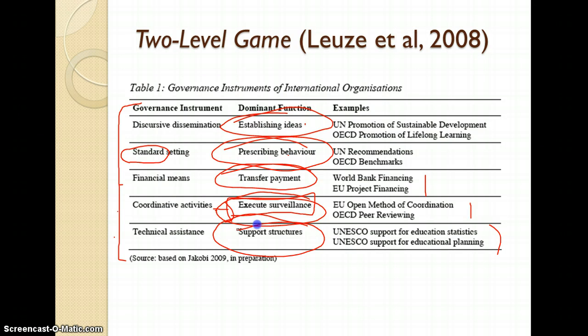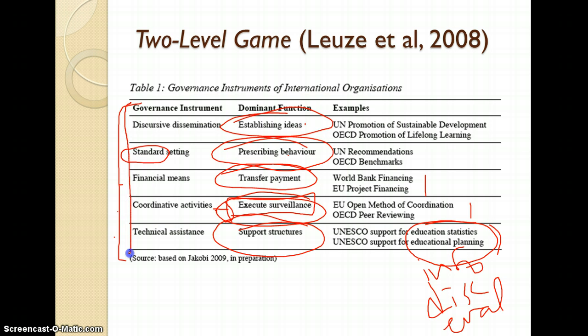Or they do it through maybe a more technical but a soft way with support structures. So again, educational statistics and planning is controlling the information that's available. It's controlling the discourse. It's controlling the evaluation or the accountability measures. So all of these are pretty high level or pretty impactful governance instruments.